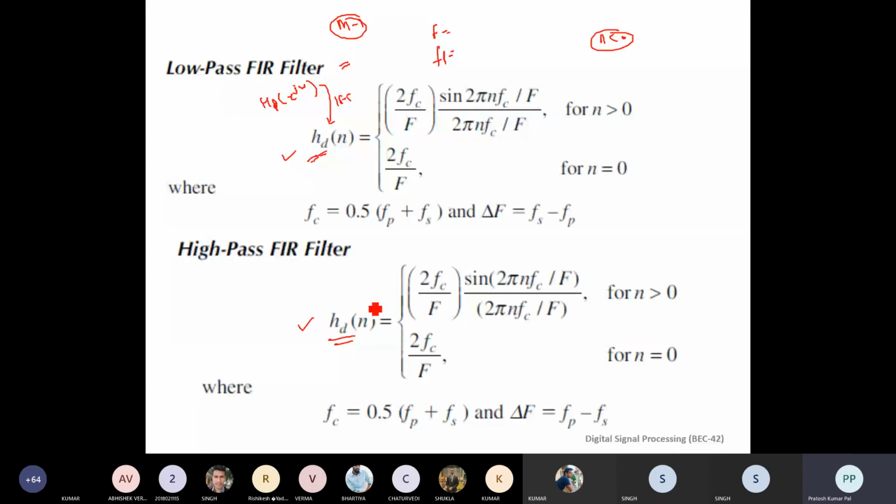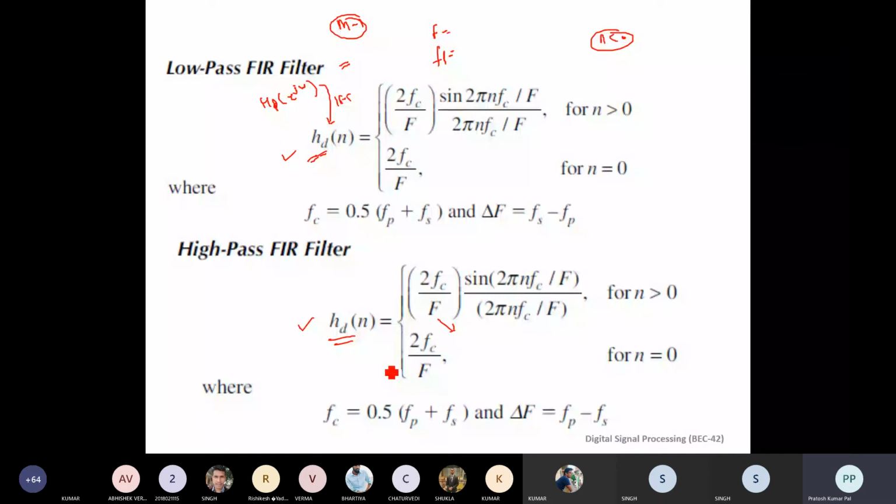Here this is the generalized expression, Hd of n. This Hd of n will be 2 fc divided by fs, and similar to this. All the characteristics that we have seen, the same expressions will be there in the first case and the second.